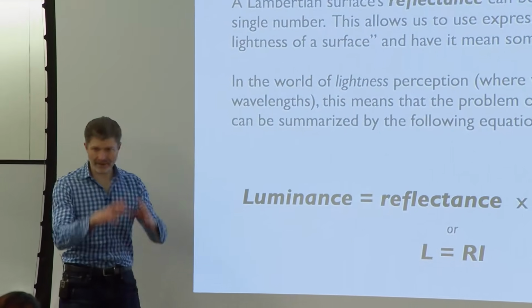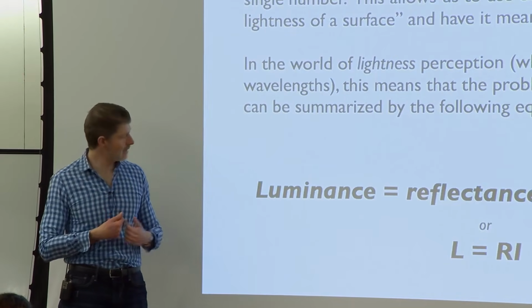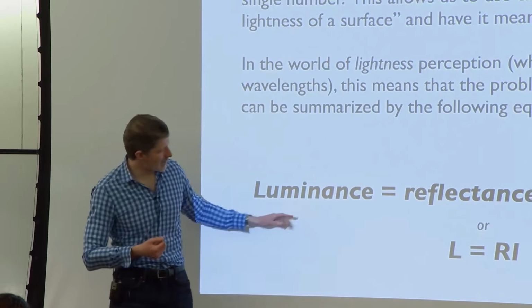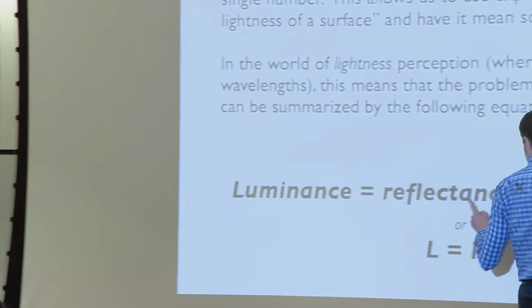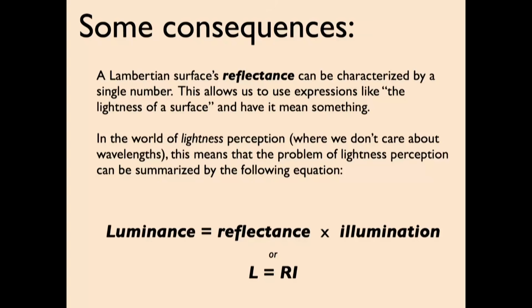Light is reflected off of a surface, and it enters your eye, and your eye records that. But that light is caused by two different variables: the illumination, the light source in the world, and the reflectance of a particular object. All of this makes sense if we think of surfaces as being Lambertian.